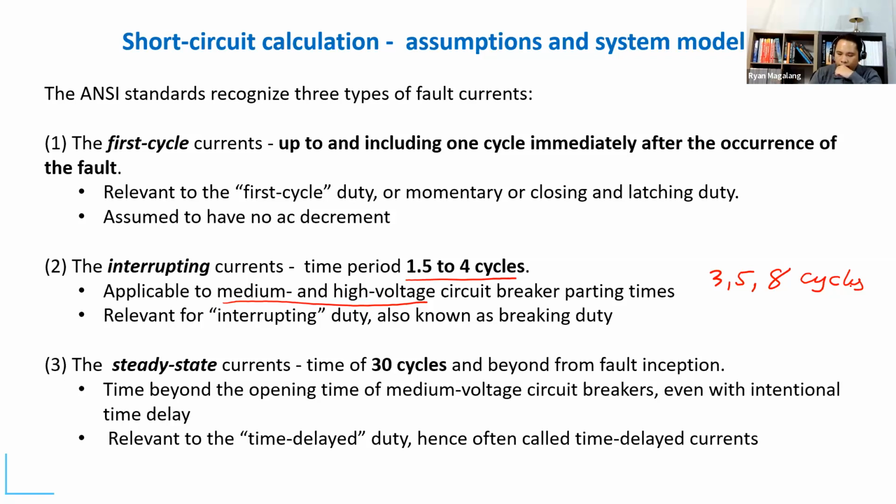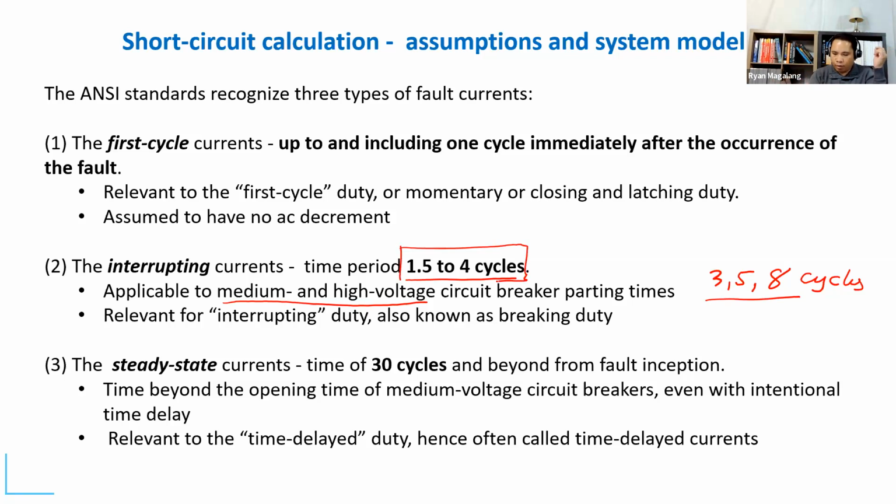It means that it takes this much time for the breaker to open totally and quench the arc. That's why, when specifying these devices, we look at this 1.5 to 4 cycles.